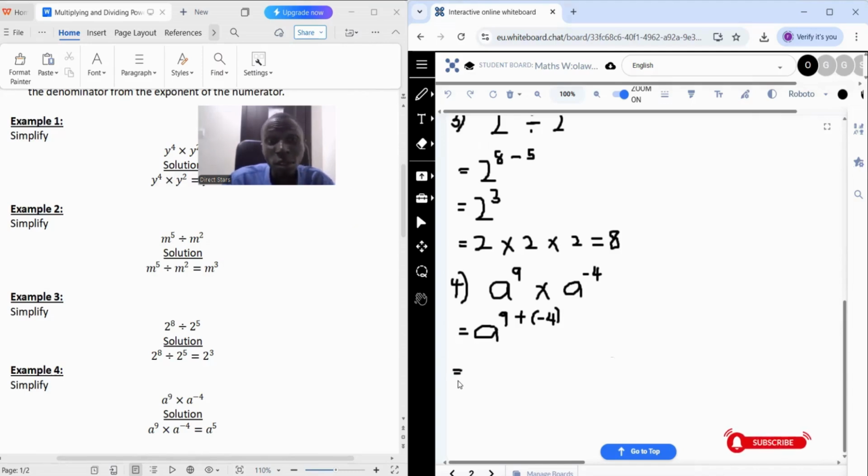Plus times minus, that will give us minus. So we have this to be a raised to power 9 minus 4. And 9 minus 4, that's 5. So we're going to have our answer here to be a raised to the power of 5.